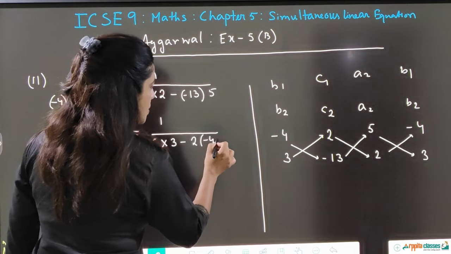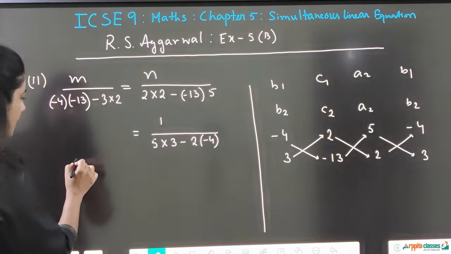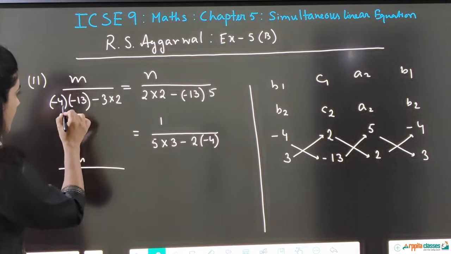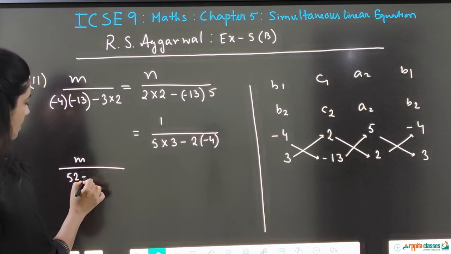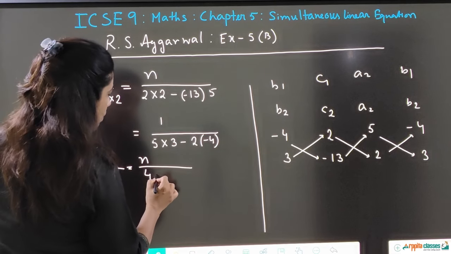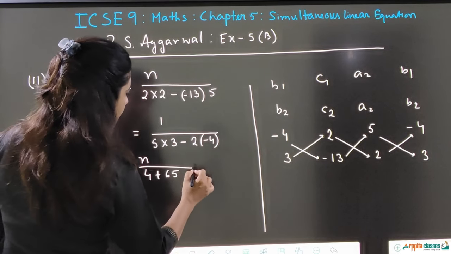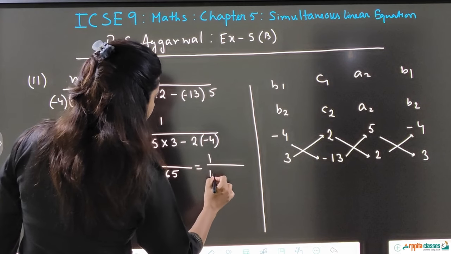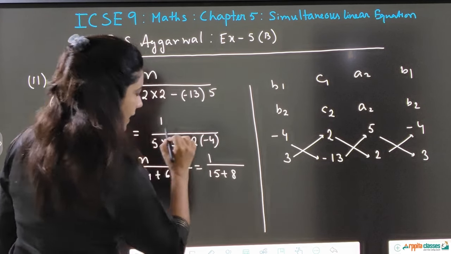So here we calculate and we get m upon, this is 52 minus 6, is equal to n upon 4 plus 65, is equal to 1 upon 15 plus 8.